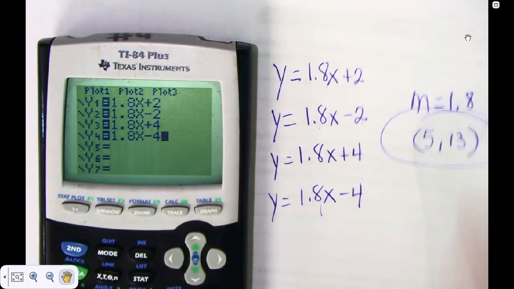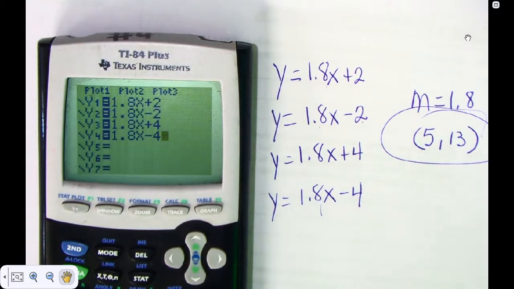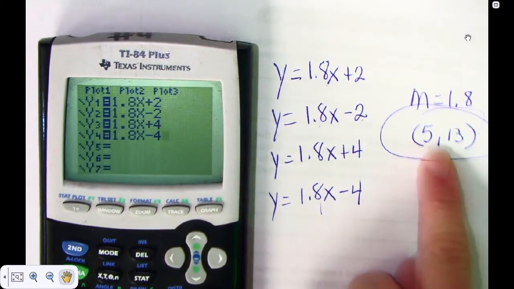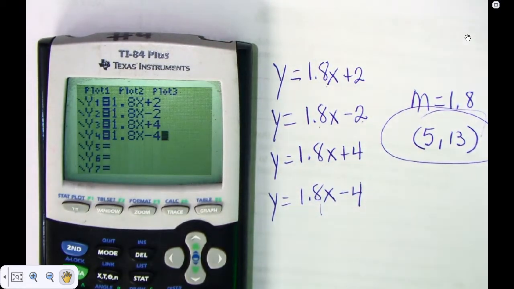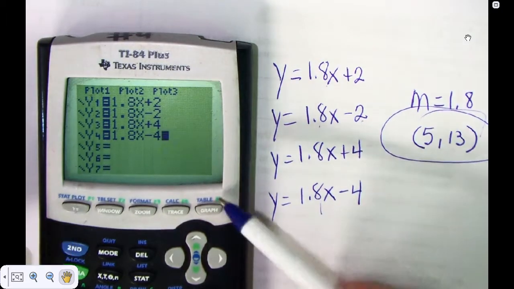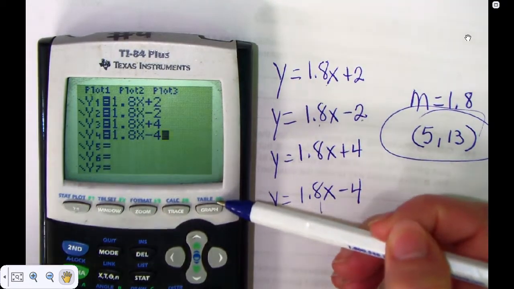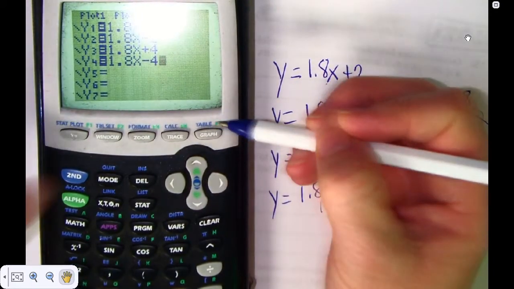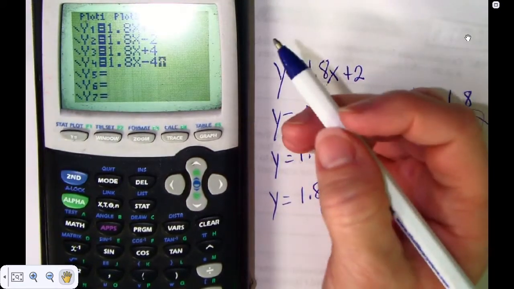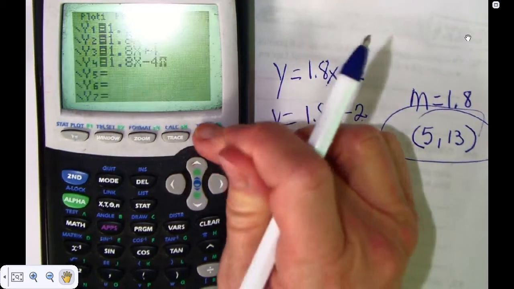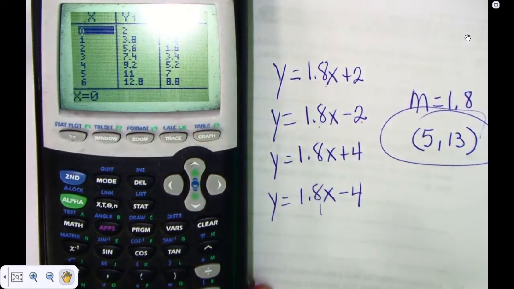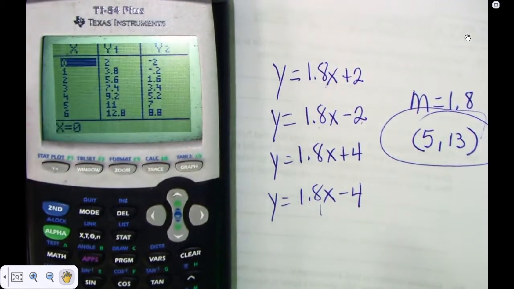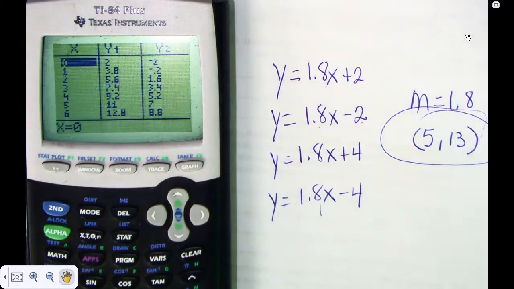I need to find out the equation that's going to go through (5, 13). So I can look at my table. So everybody, you see tables in blue right there? Tables in blue. So I'm going to hit second table. And you should have a table sitting there flashing at you. Does everybody have a table?